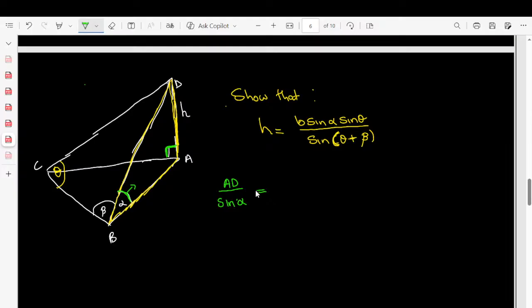On the statement, they're saying that angle ADC is equal to angle ADB. Oh, this angle also is equal to 90. Okay, this angle also is equal to 90, but still I'm going to use sine. So this angle also is equal to 90. Let me put this right here.